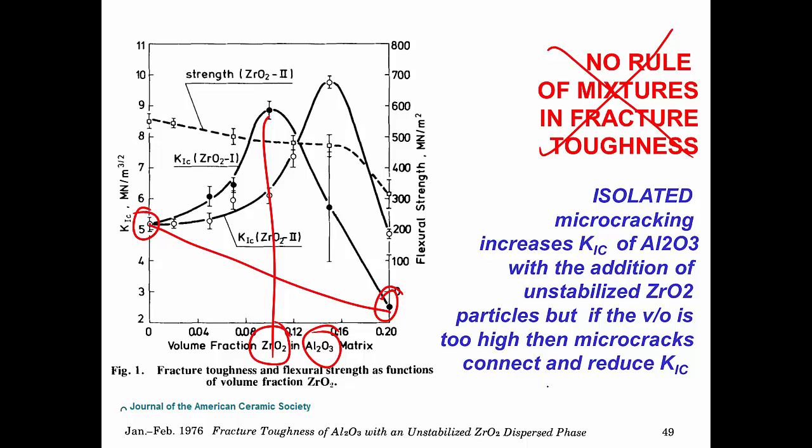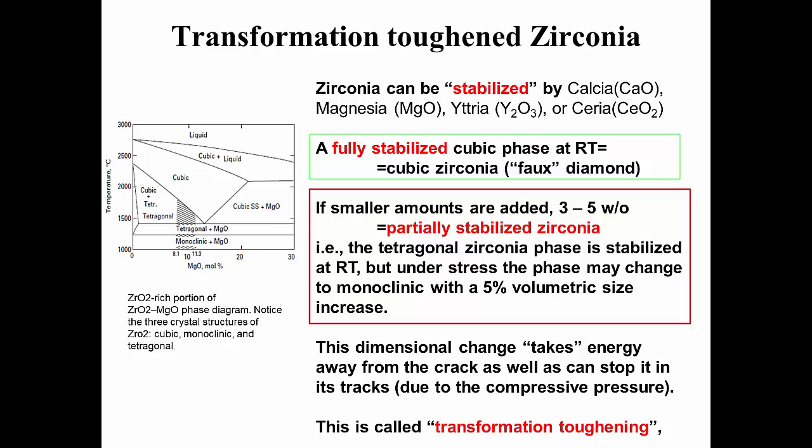In fact, you can have a synergistic effect in some cases, where the optimum choice of the two components can give you a better result, but you can also have a worse result in other cases. So the important thing to keep in mind: no rule of mixtures in fracture toughness. You really need to work much harder to understand what's going on in a specific system.